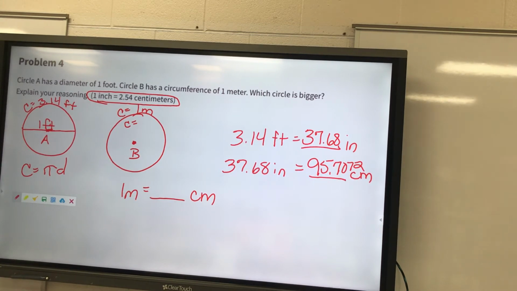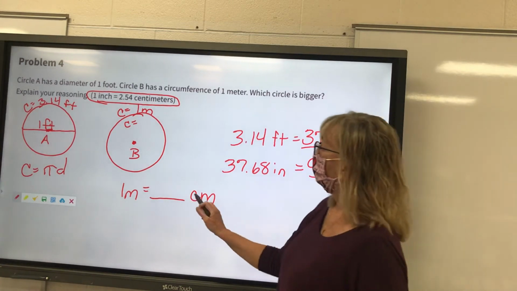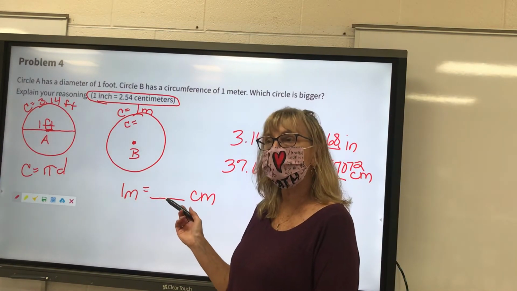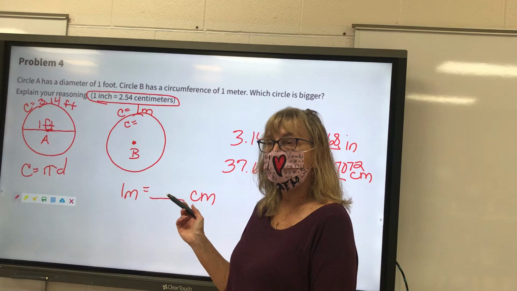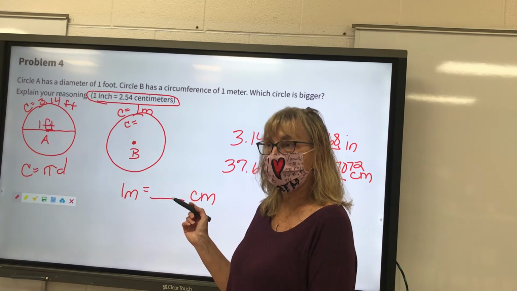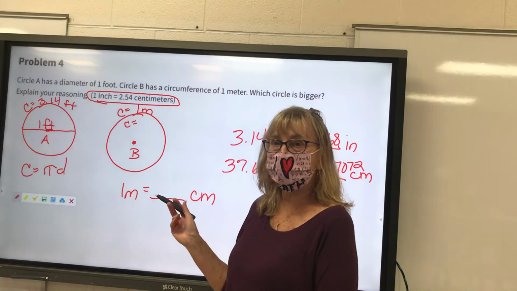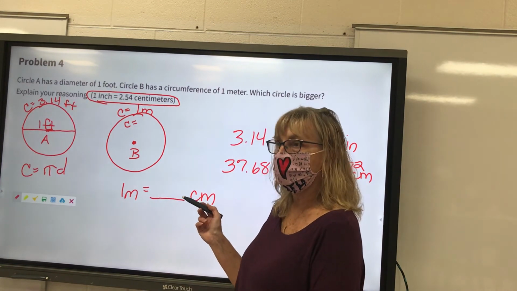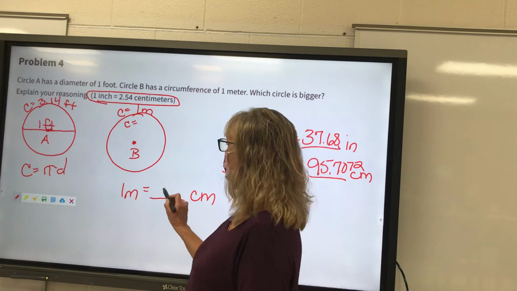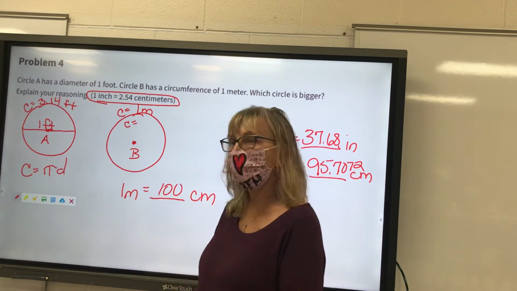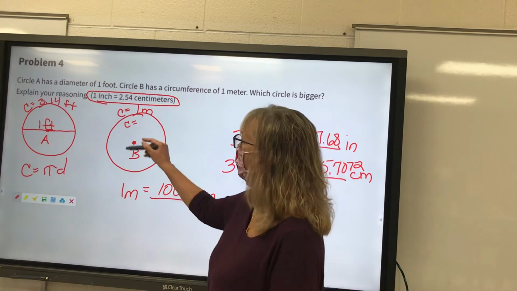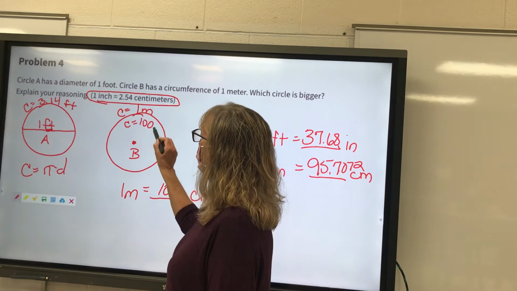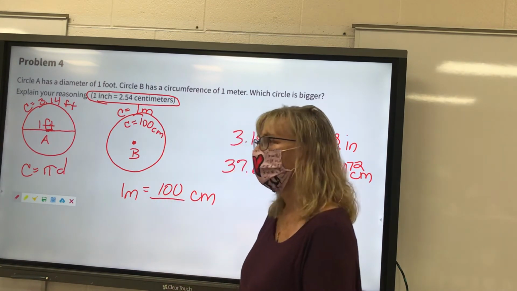Okay. What does the prefix centi mean? How many years are there in a century? 100. How many cents are there in a dollar? 100. So what does centi mean? 100. So 1 meter is 100 centimeters. So this is 100 centimeters around.